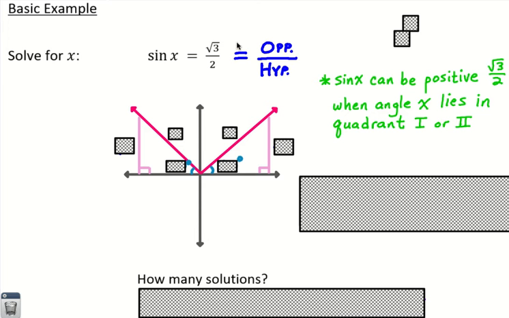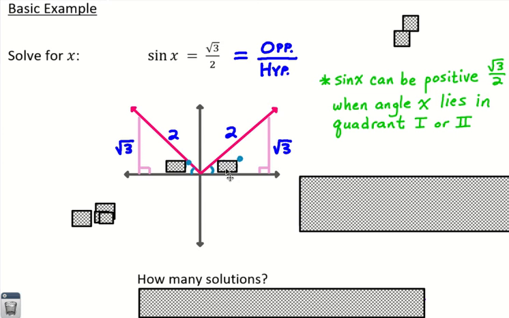And so the opposite leg, in a way, is root 3, and the hypotenuse is 2. Opposite of the reference angle. And from there, from the answer, we can kind of figure out what the reference angle is.